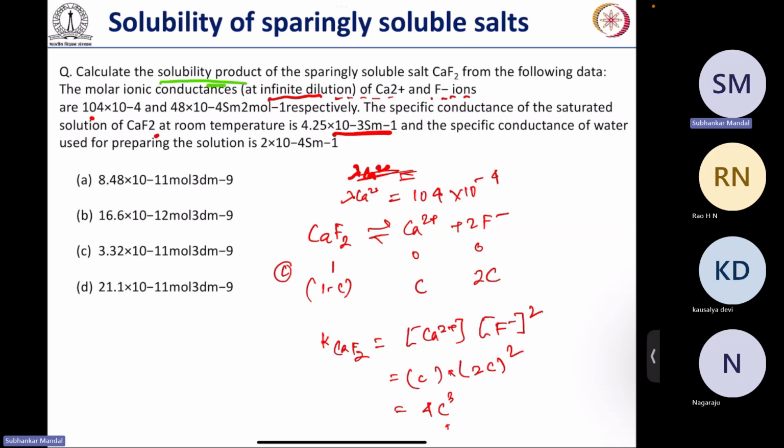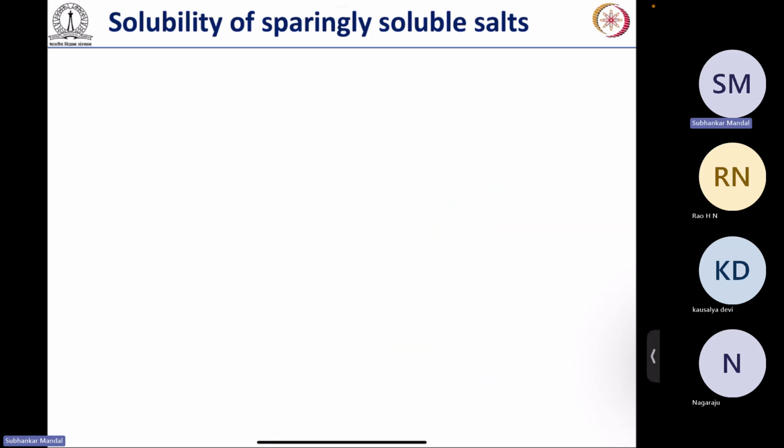So how do we calculate the molar concentration C from the conductivity value? The molar conductance of a sparingly soluble salt is K by C, that we know.